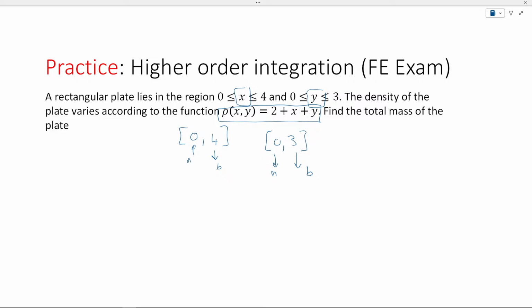So I will integrate this from 0 to 4, and I will have a second integration from 0 to 3.